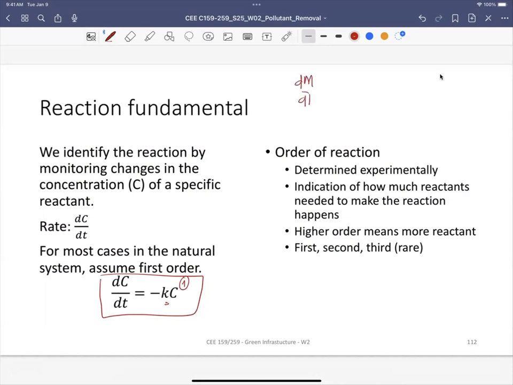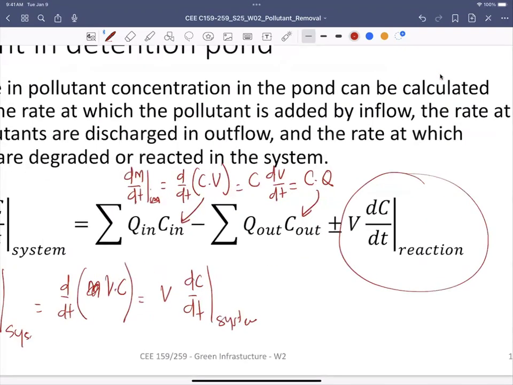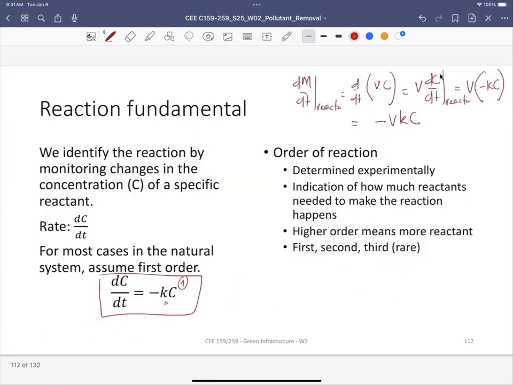So you can use this: dM/dt for reactions will be d/dt of volume times concentration. The volume of the reactor is constant, so dC/dt for reactions would be volume times minus kC, which is minus VkC. So in these equations you can put that as minus VkC, and you can solve for the reactions.